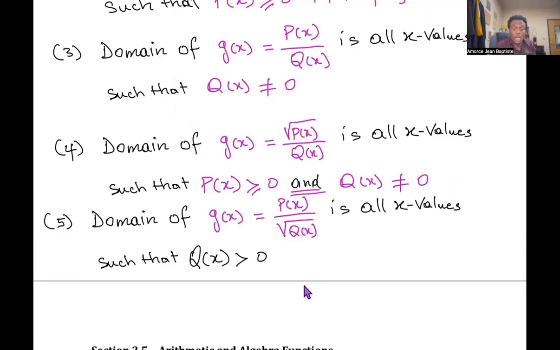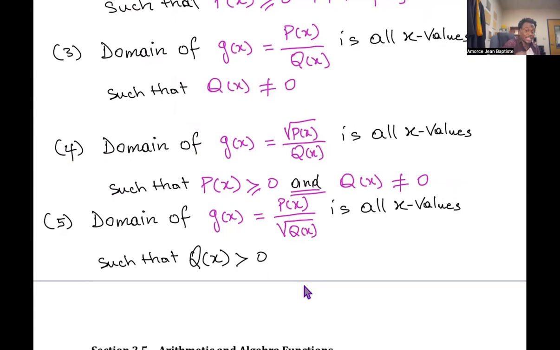Now let's take a look at the denominator. Not only does the denominator have q of x, but the q of x in the denominator is affected by a radical. So you need to make sure that the inside of the radical is positive, and that the whole square root of something is not zero. But you know the square root of zero is what? Zero.